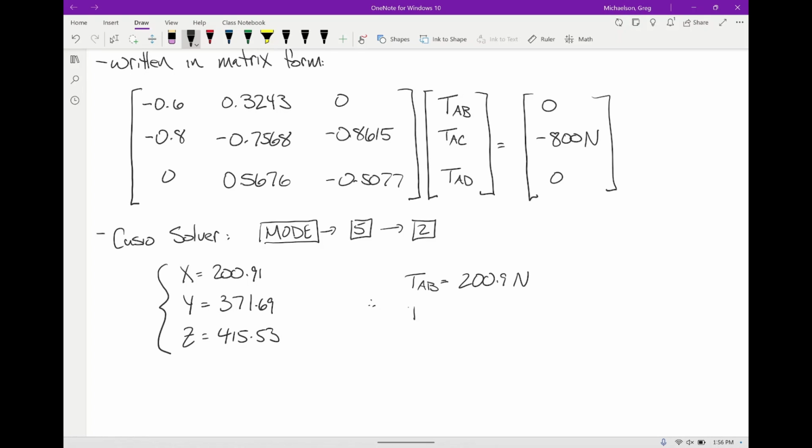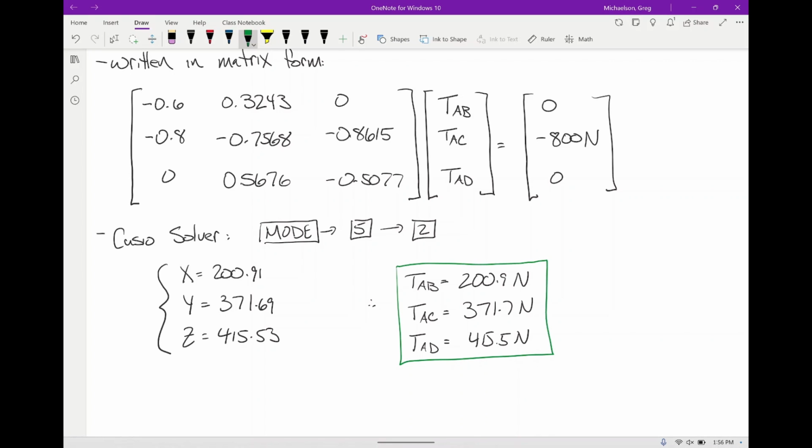We have T_AC is 371.7 newtons, and then T_AD is 415.5 newtons. And there you go. The method is pretty straightforward.